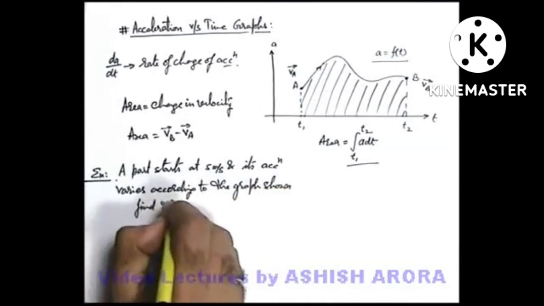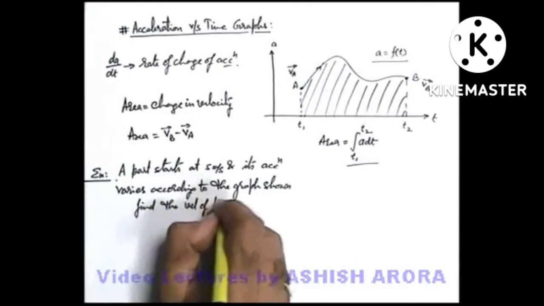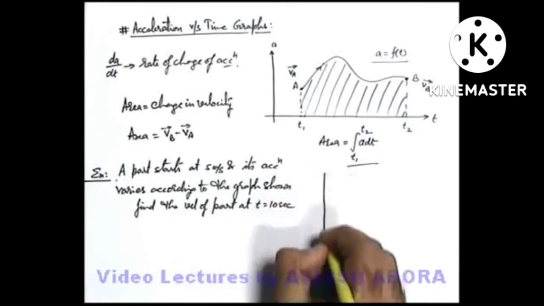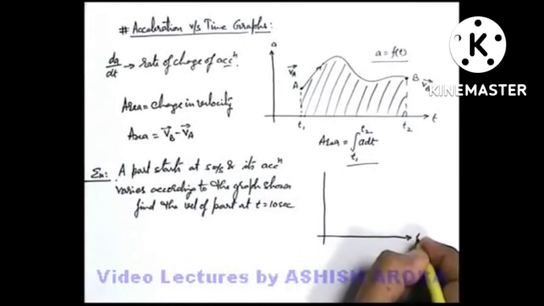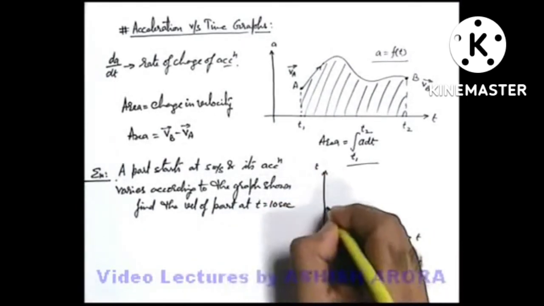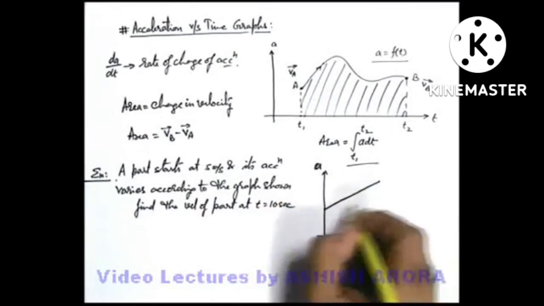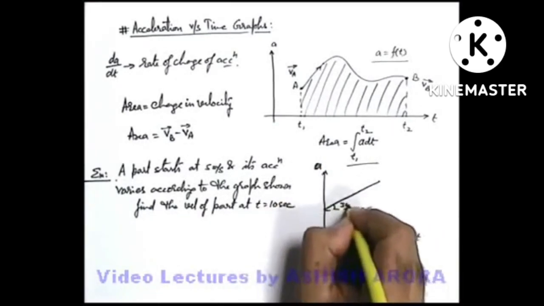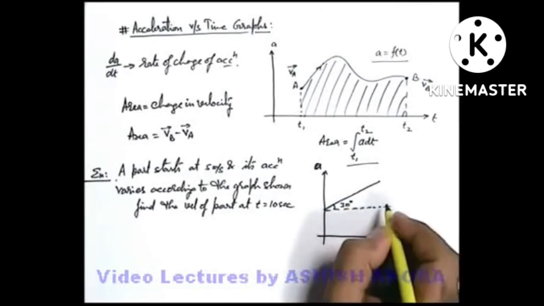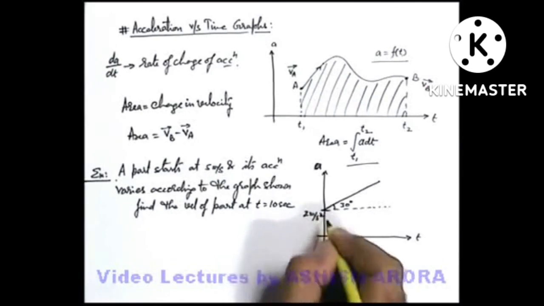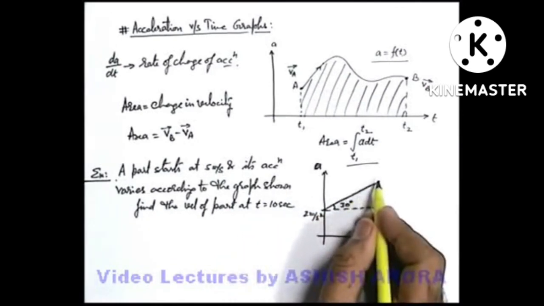Find the velocity of the particle at t equals 10 seconds. The graph given to us is this. This is the acceleration time graph, which is a straight line inclined at an angle of 30° with the time axis, and this starts with an acceleration of 2 meters per second square, and acceleration varies linearly with time.